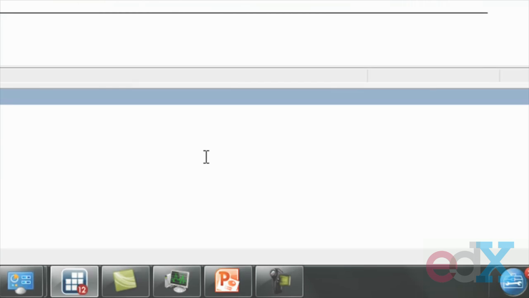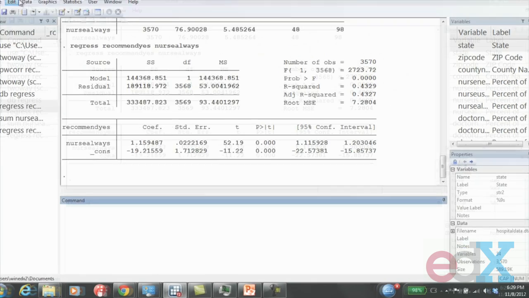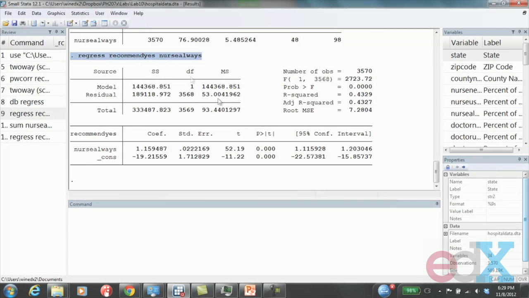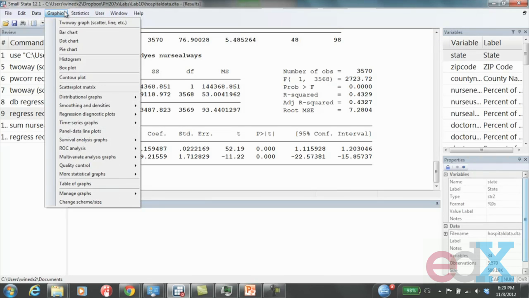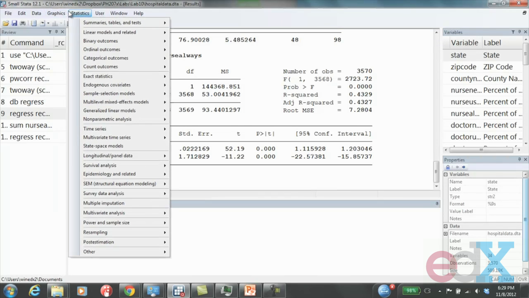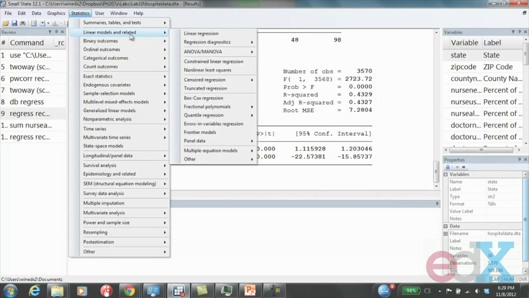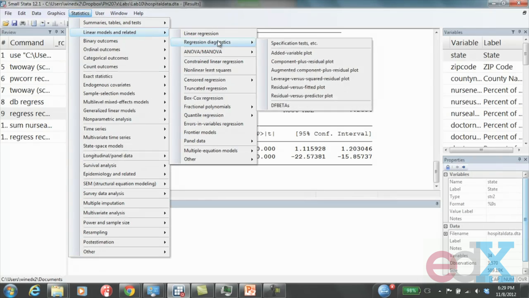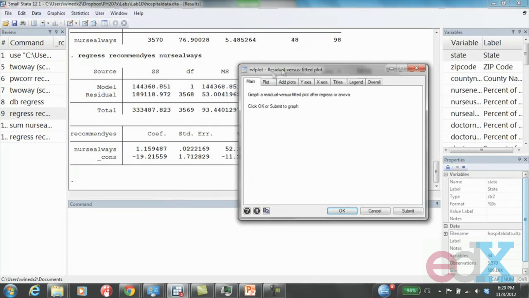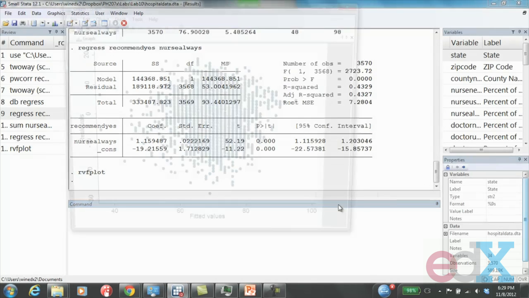Another way we can look at the fit of our model is to use a residual plot. After you fit a regression model, Stata stores some information, and you can use diagnostics in Stata to look at the model fit. To do this, I go Statistics, Linear Models and Related, and then Regression Diagnostics right here. First thing I want to look at is the residual versus fitted plot. And I can just hit OK.